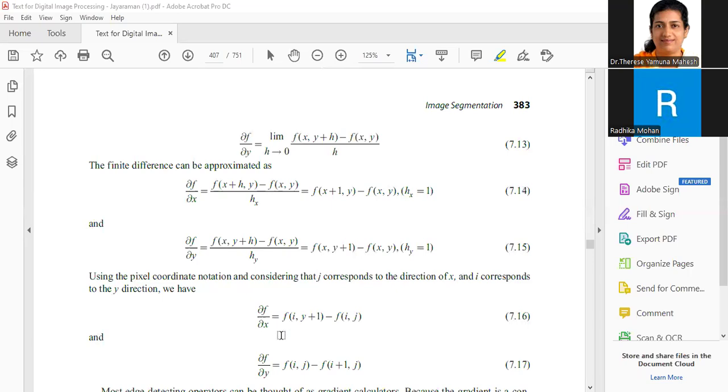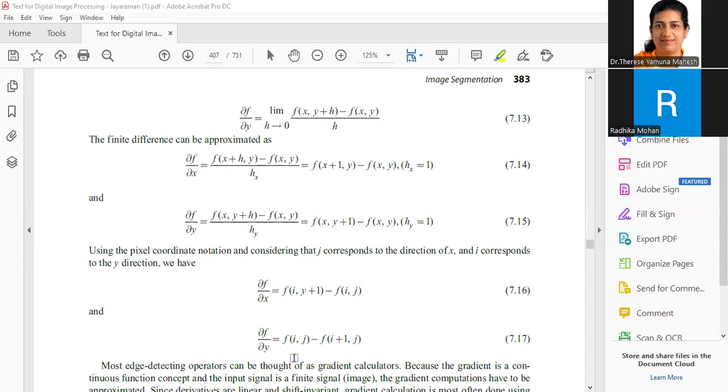Generally writing it, dou f by dou x will be f of i comma j plus 1 minus f of i comma j, and dou f by dou y will be f of i comma j minus f of i plus 1 comma j.